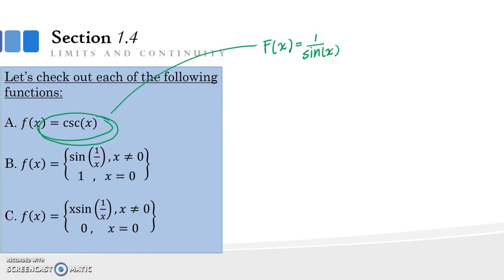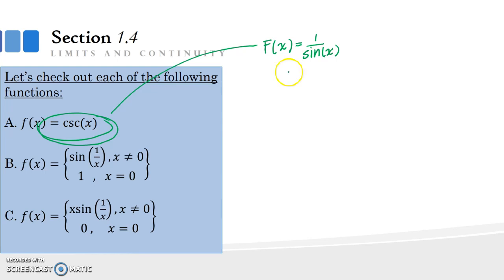The reason that we want to do that is because at this point we can easily identify where we're going to encounter issues with continuity. And that's going to be any place that sine of x would be equal to 0, because anywhere sine of x is equal to 0, I would be trying to divide by 0, which is problematic.